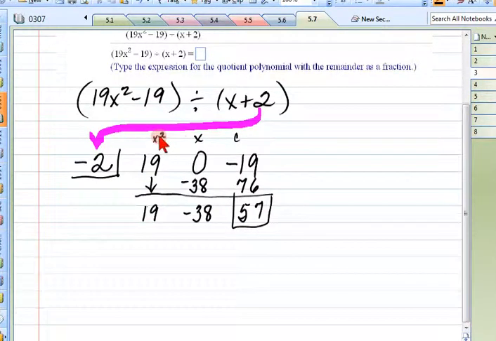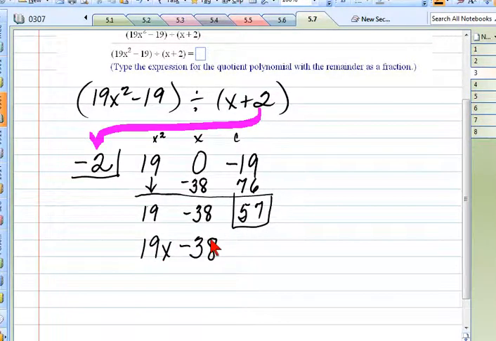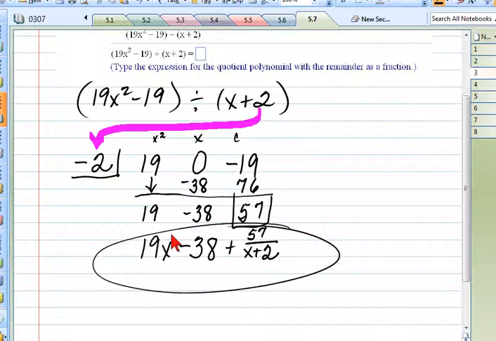If the original was second degree, x to the second, what will the 19 be a coefficient of? Plain old x. Then minus 38 plus the fraction 57 over x plus 2. And there's my answer.